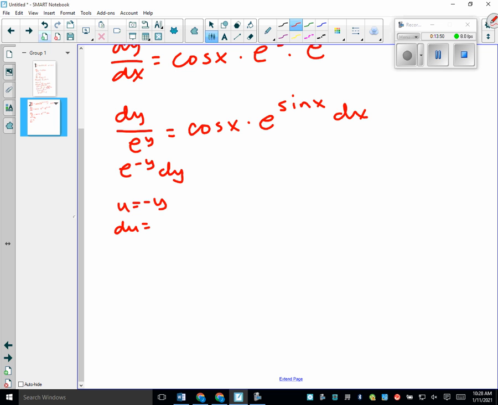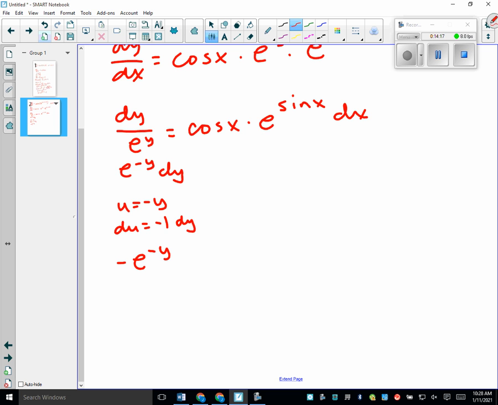Negative dy. So do I need a negative? Negative e to the u equals, so would this be negative e to the negative y? Would that be the antiderivative?